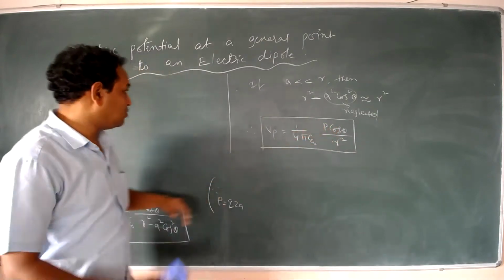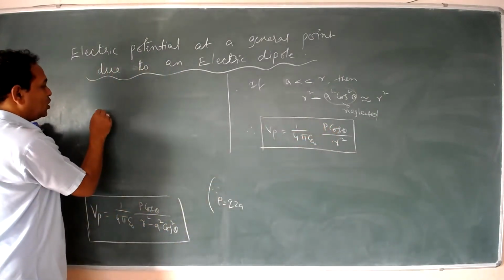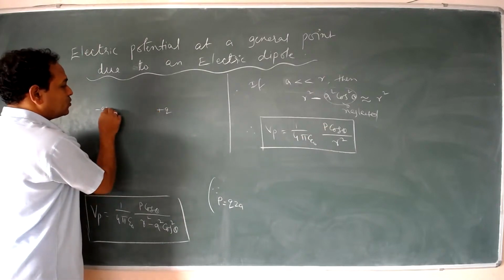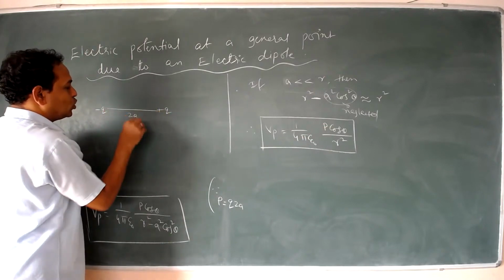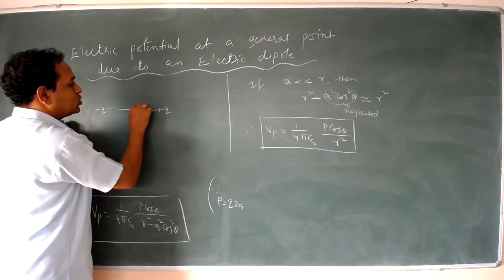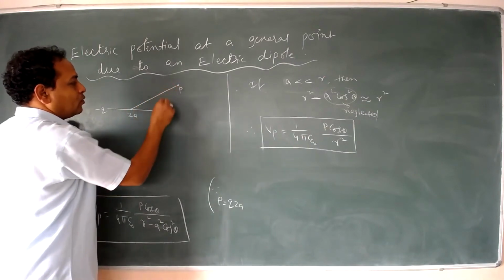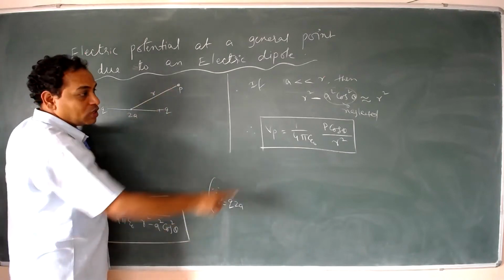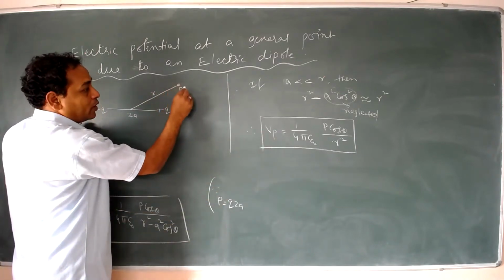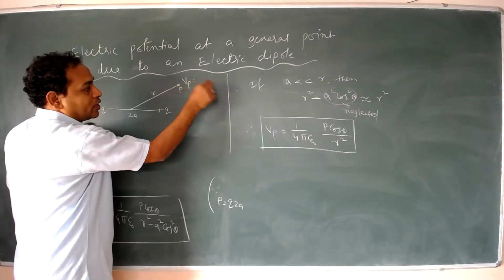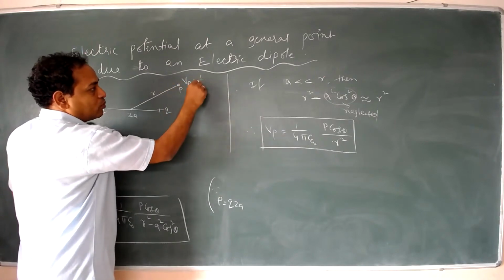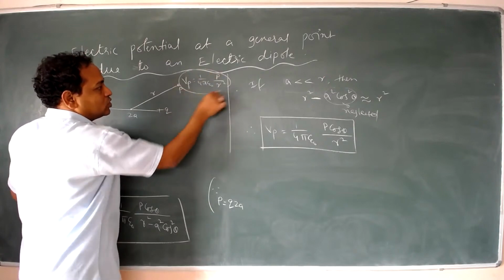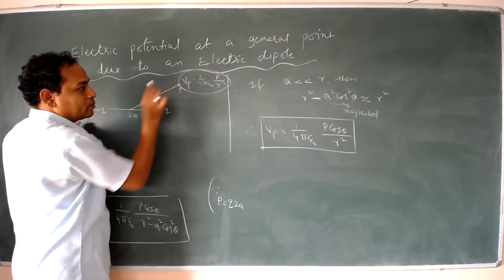As we have shown, this is the negative charge, this is the positive charge, and this is the electric dipole of length 2a. This is a point P, which is at a distance R. So the electric potential at the general point is Vp equal to 1 by 4 pi epsilon naught into P cos theta by R square.